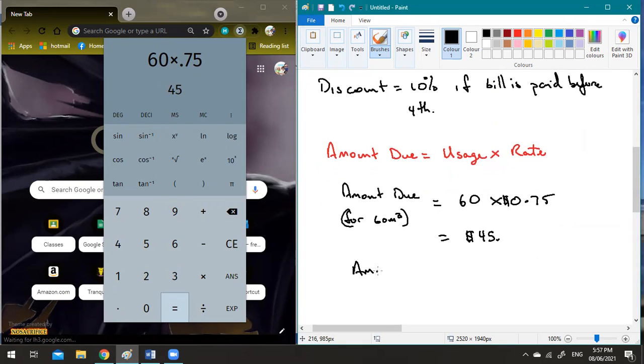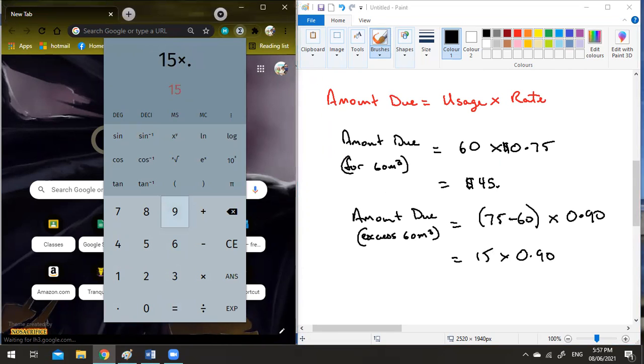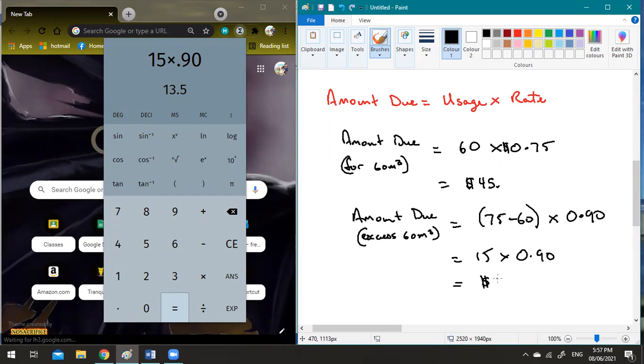And the amount due for excess is 75 minus the 60 by the 90 cents, which is 15 by the 90 cents. 15 multiplied by 0.90, which is $13.50.